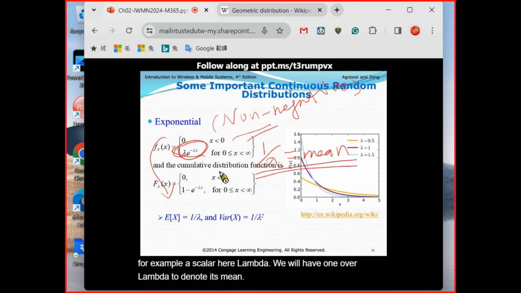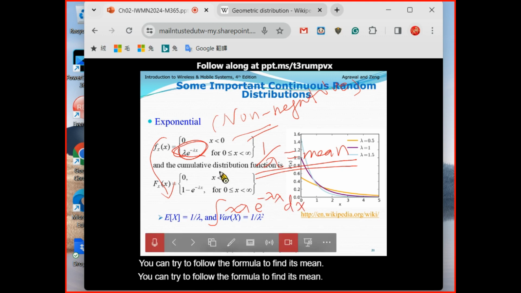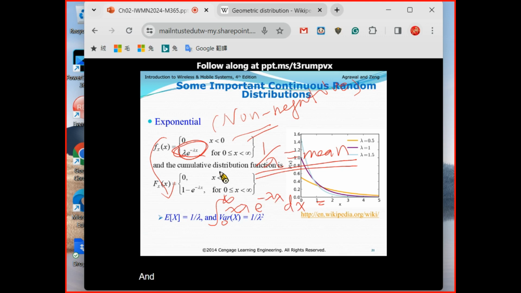You can follow the formula to find its mean, and the answer should be 1 over lambda. So 1 over lambda is the mean of exponential.